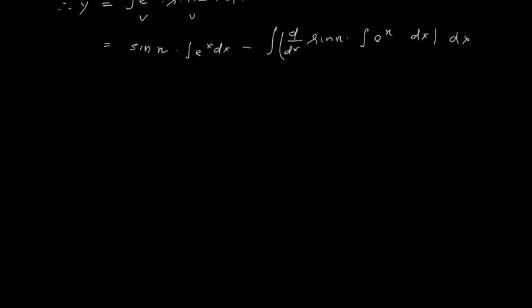So here, the integration of e^x is e^x. So this is sin x into e^x, minus, the derivative of sin x is cos x, so this is cos x into e^x dx. So again I have to use integration by parts.